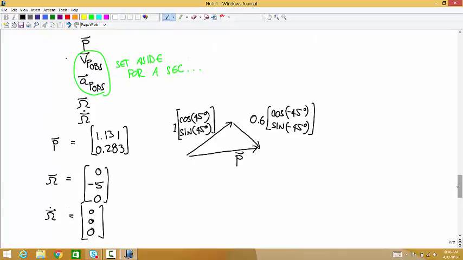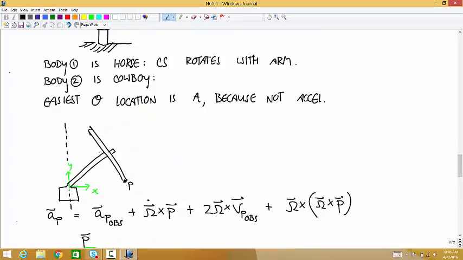Okay, so now the next thing we have to do is calculate the observed velocity and observed acceleration. And that is going to be a circular motion about this funny axis. What's the axis of rotation? Yep. So you can express that axis as cosine and sine of 45 degrees, and then multiply that by your magnitude of angular velocity.